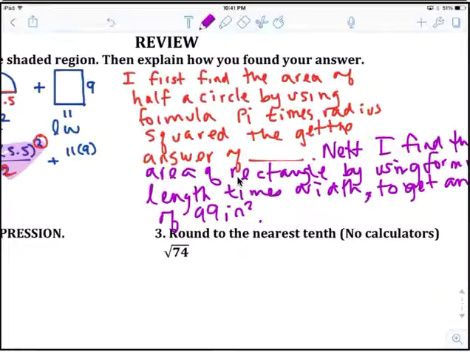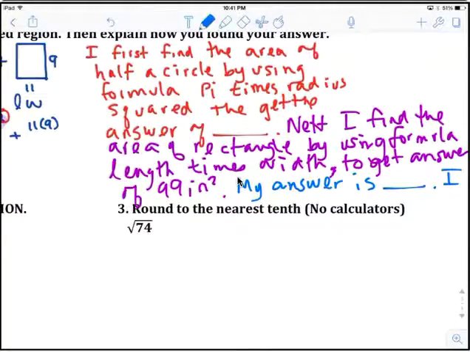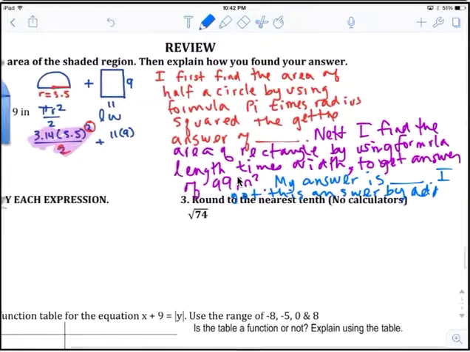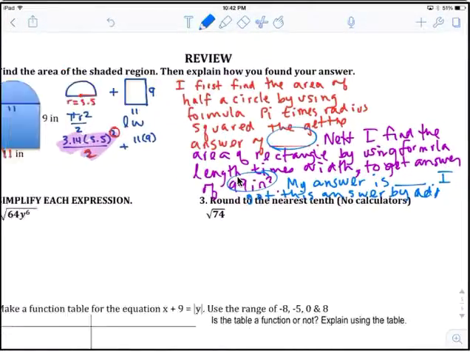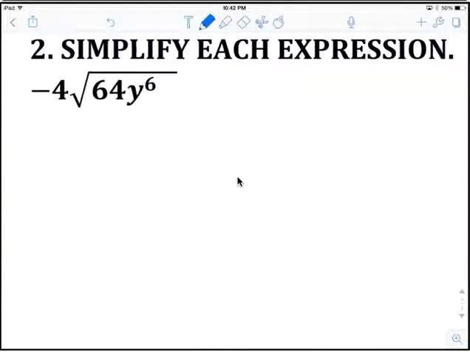My final answer is blank. I got it by adding. My final answer is blank. I got this answer by adding. You tell me what this is with this. Okay?